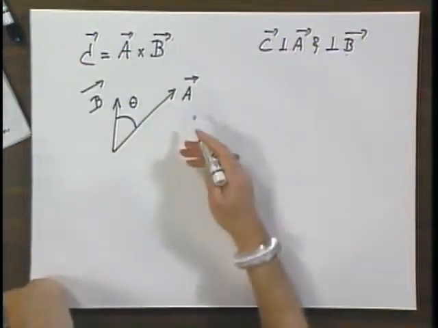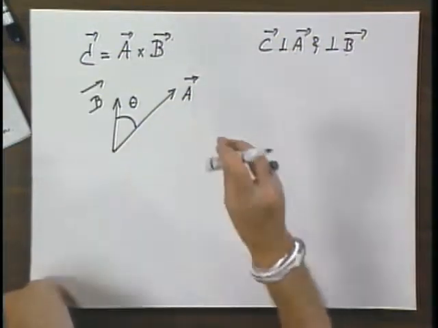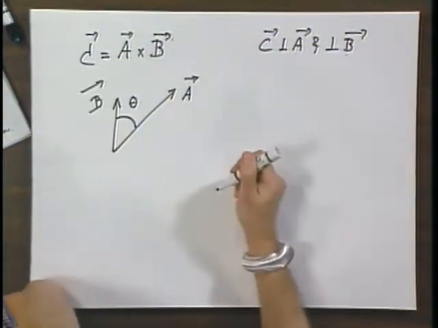Perpendicular to this paper could be either out of the paper or into the paper.